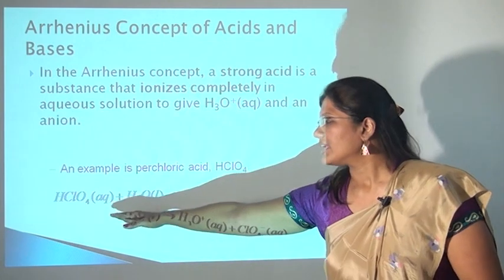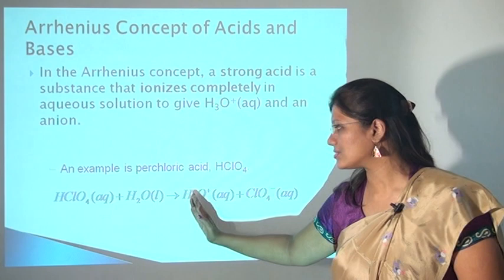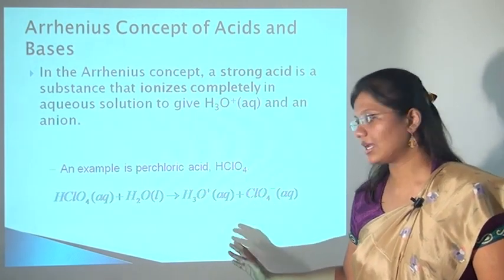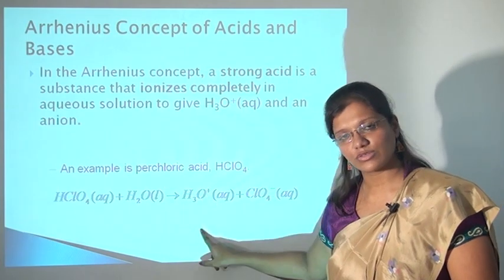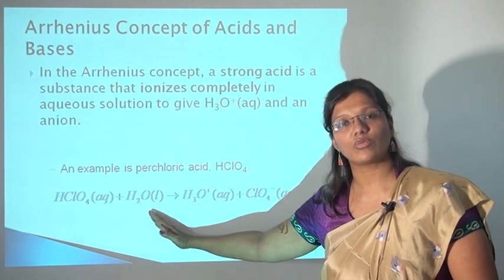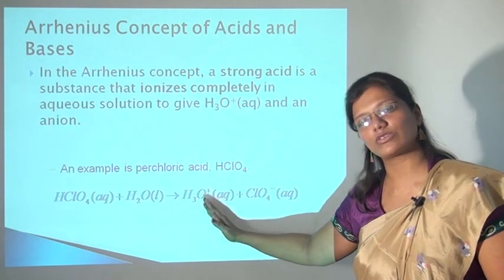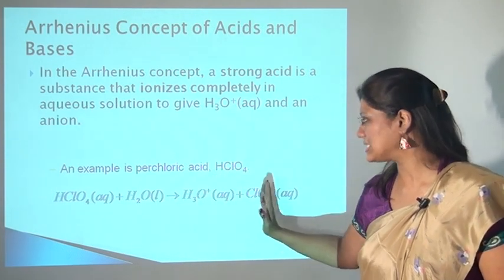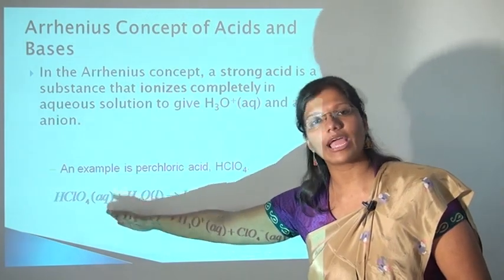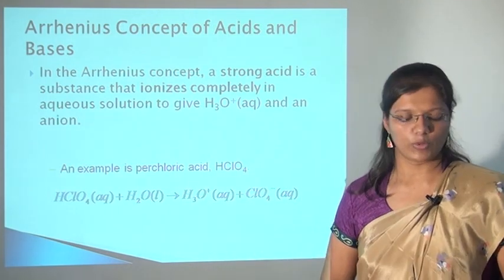When HClO4 is dissolved in water, it ionizes to H3O+ and ClO4 minus, so the concentration of H3O+ increases. In the reverse reaction, it goes back and forms HClO4 and H2O again.